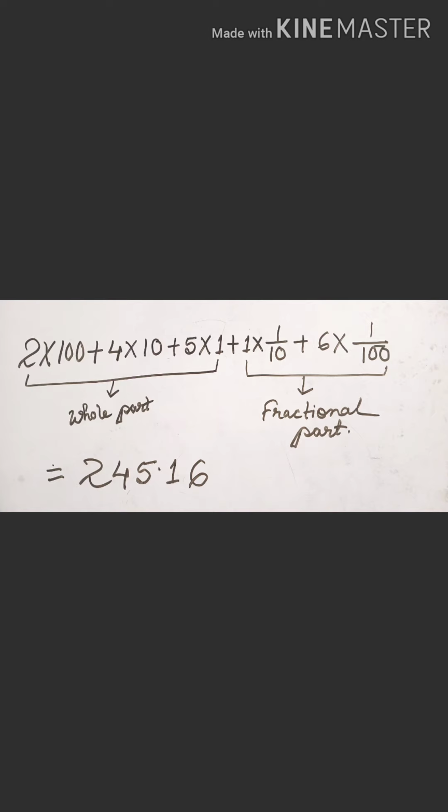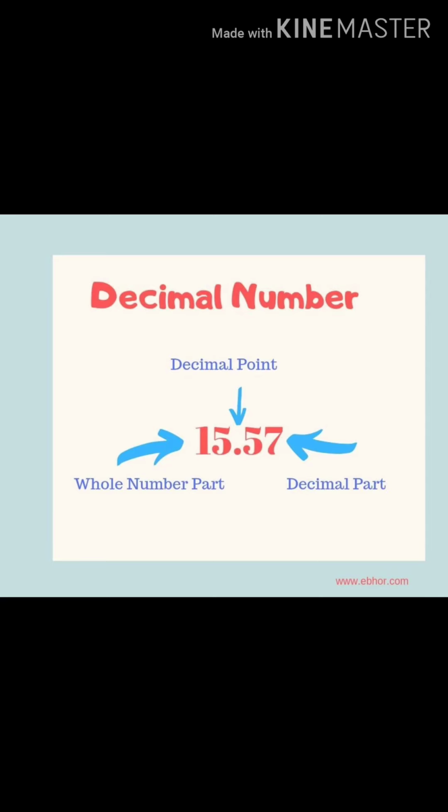So 1 into 1 by 10, and after that 6 into 1 by 100, because 6 is in the hundredths place. If I find the value, that is 245.16. With the help of this, we can add, subtract or multiply decimal numbers. But the most important thing you have to understand is where you will put the decimal point. Hope you have understood the concept.